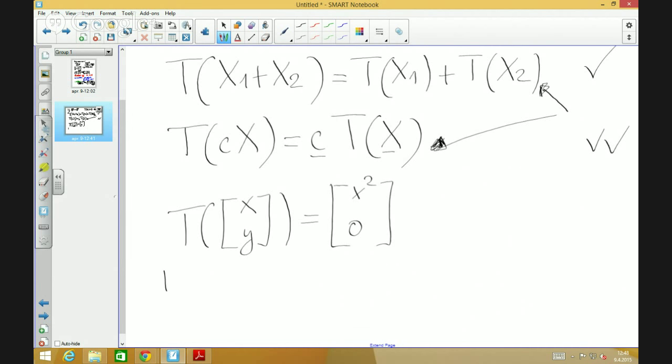So let's take c equals 2. Okay, so let's take x equals... don't take the 0 vector, please, because note that this function actually maps the 0 vector to the 0 vector.